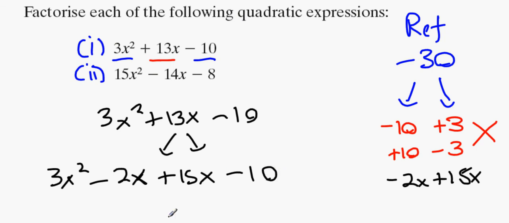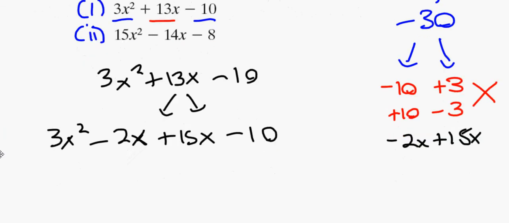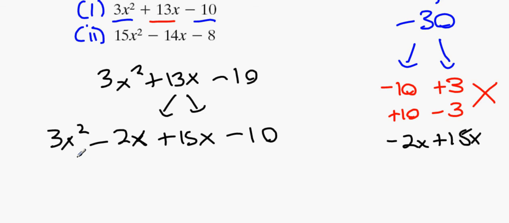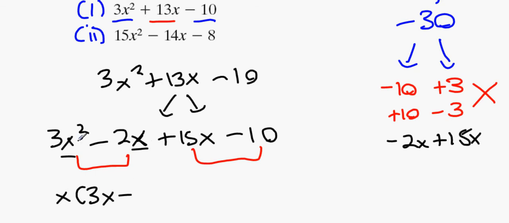Now, what we've got to do here is take out what's in common. So we have two sets of two terms, and what happens is we take out x from the first pair. x multiplied by 3x is 3x squared, and take out the x from minus 2x and you get 3x minus 2.